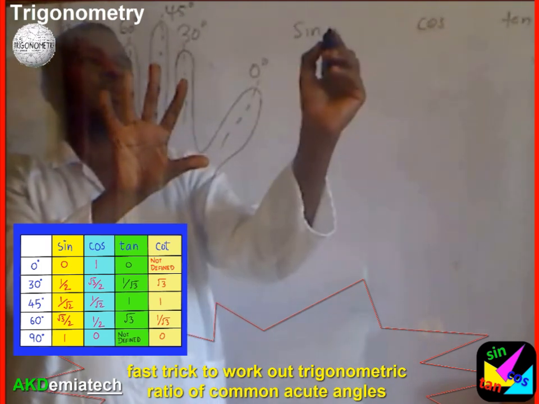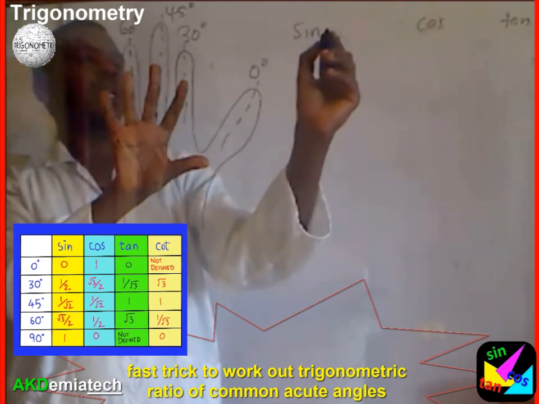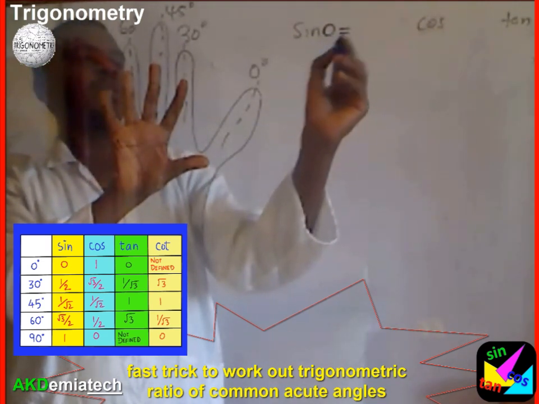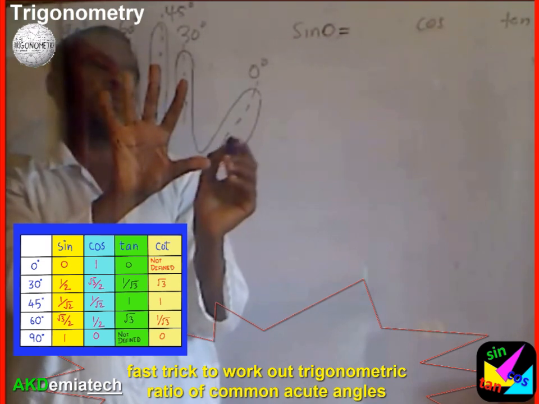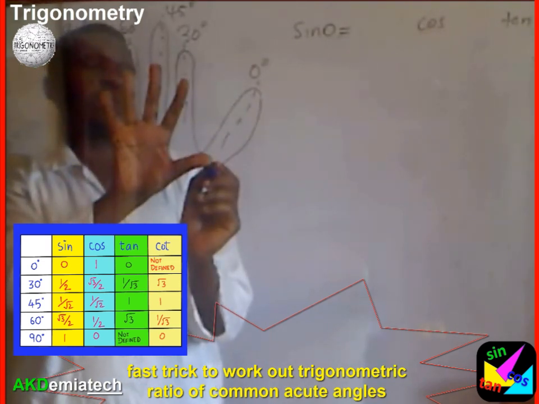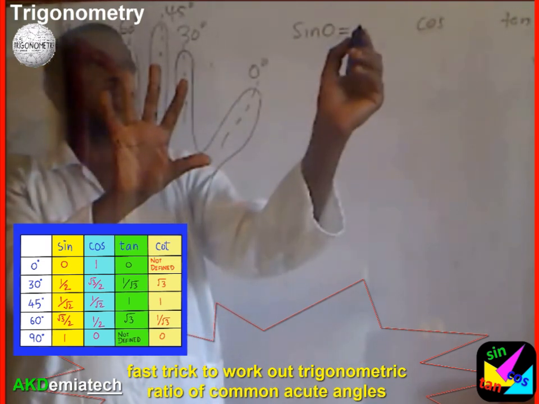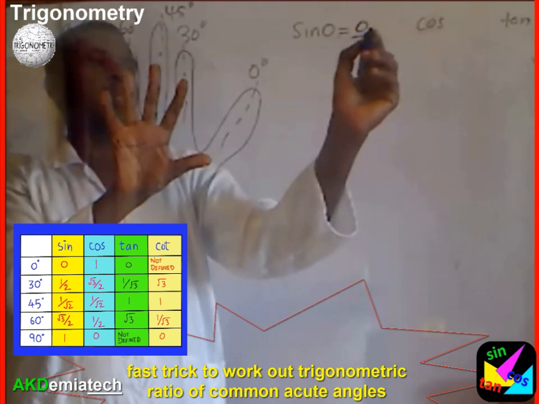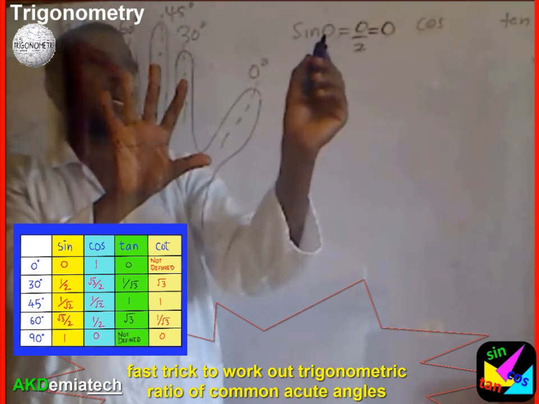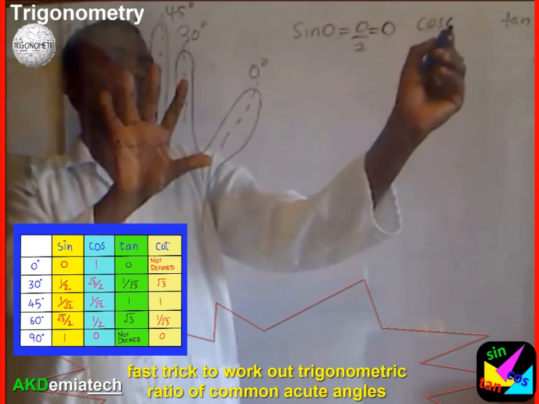Now, for the numerator, I have to take the square root of the number of fingers, and the denominator is 2. So here, let's say sine 0. How many fingers do I have in front of this finger? 0, yeah. So there's 0 divided by 2. This gives me 0. Sine 0 is equal to 0. What about cos 0?